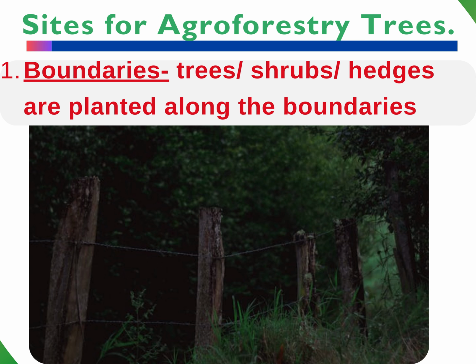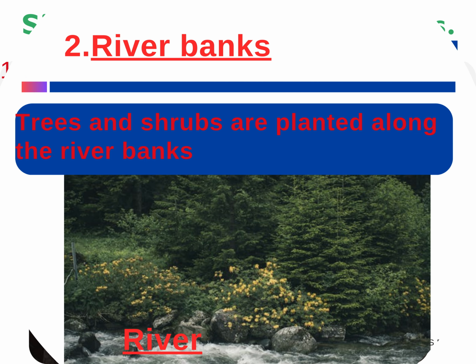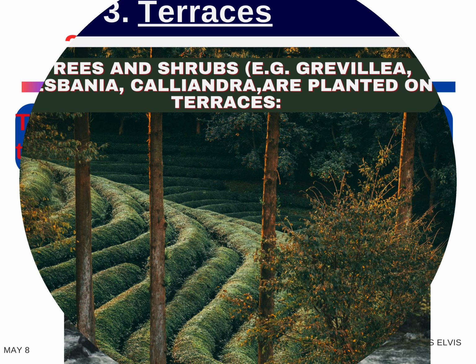Sites for agroforestry trees. 1. Boundaries. Trees, shrubs, hedges are planted along the boundaries. 2. River banks. Trees and shrubs are planted along the river banks. 3.